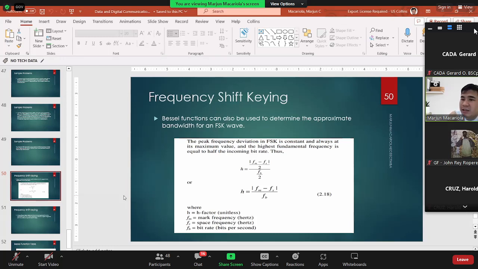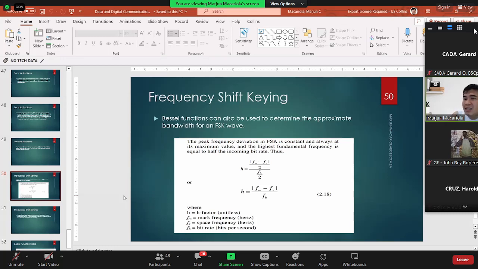Yet, there's another method on how to find the bandwidth of frequency shift keying, okay? That is to use the Bessel function or the Bessel table. Okay? So Bessel function can also be used to determine the approximate bandwidth of an FSK wave. Okay? So basically, to be able to use the Bessel function, you need to compute the H factor or the modulation index.